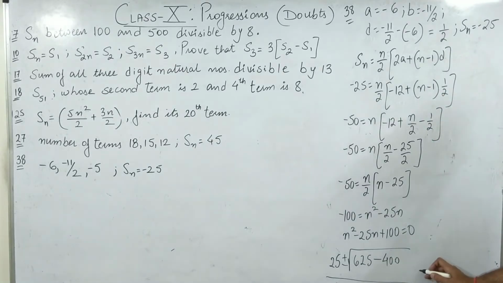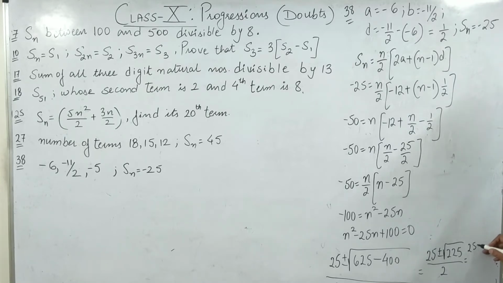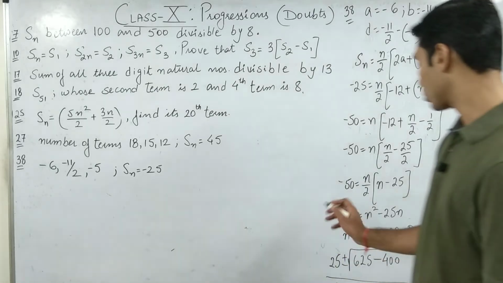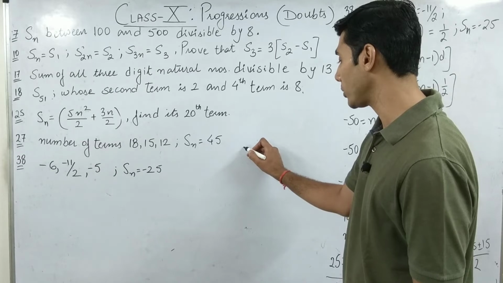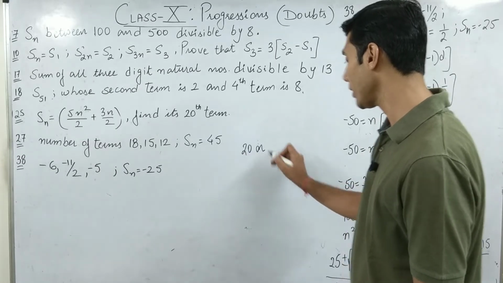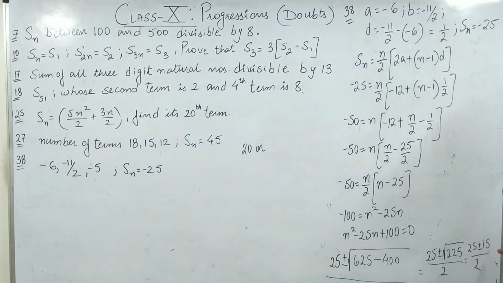So when you solve it, it is going to be 25 plus minus under root of 225 by 2. Under root of 225 is 15. So it is going to be 25 plus minus 15 by 2, or it will have two answers. So 25 plus 15 is 40 by 2 is 20, or 25 minus 15 is, guys, 10. 10 by 2 comes out as 5.